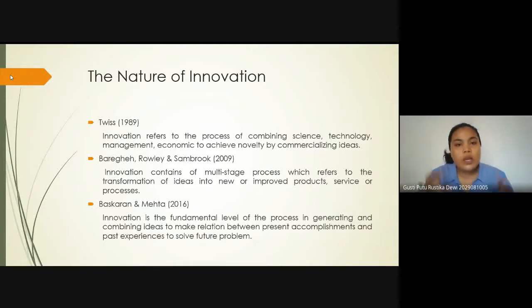So from those definitions, we can say that innovation emphasizes on process of combining and transforming ideas in order to generate, to create and discover novelty in order to solve the future problem.